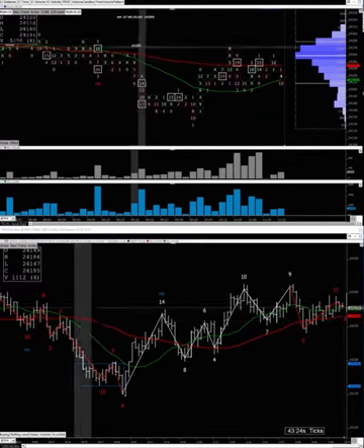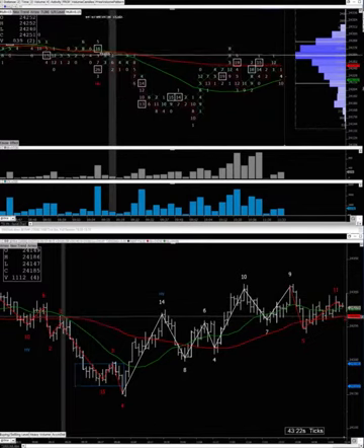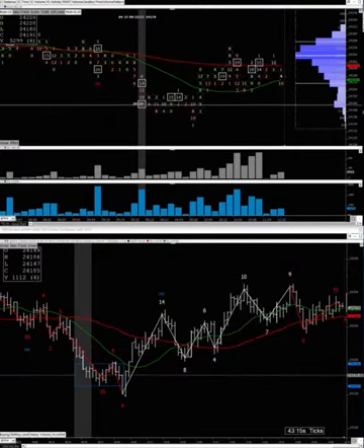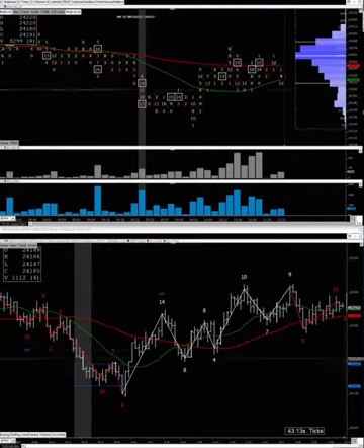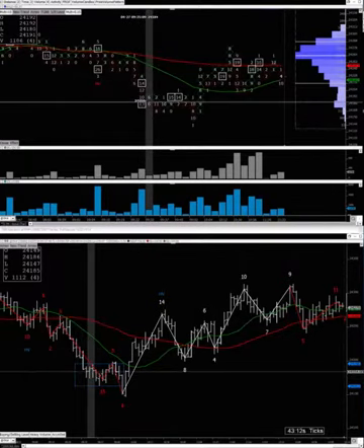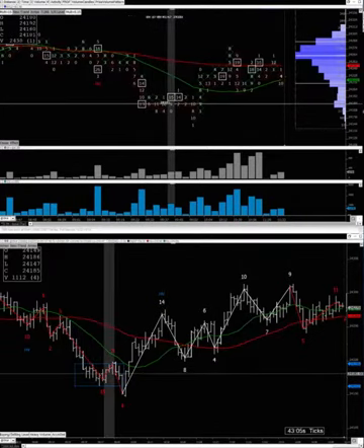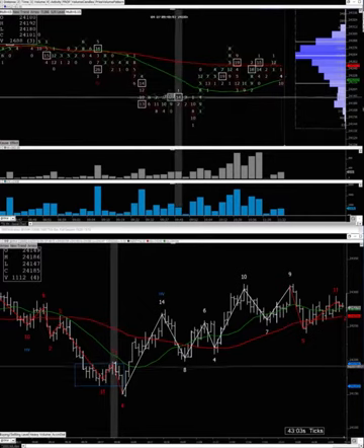Now I'm at the top chart here, and we're going to examine this. First of all, we see price has gone into this range on heavy volume, and it looks bearish. As price goes sideways, you see heavy volume.